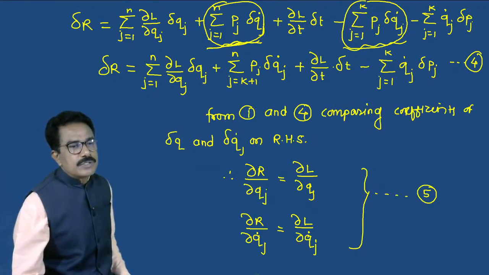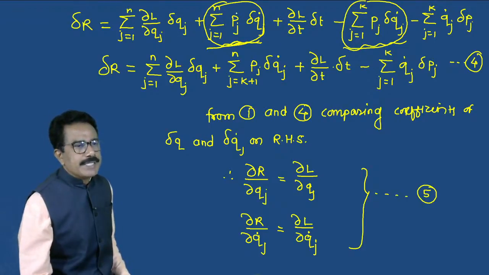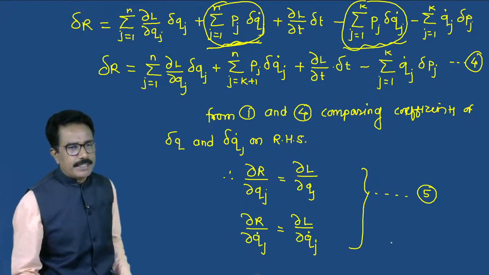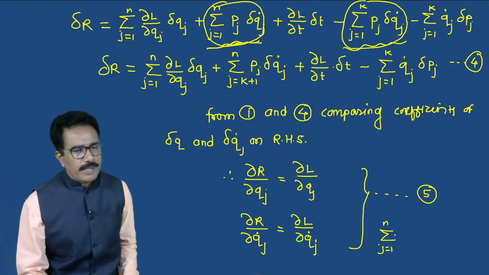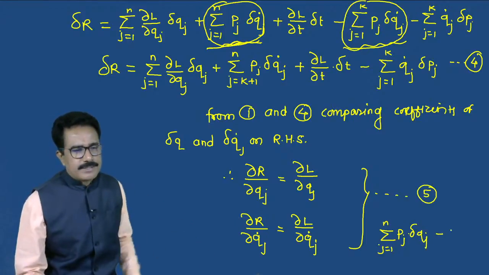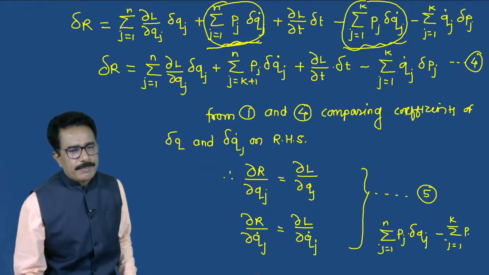The two terms are the same; do the subtraction. Let me write it here: summation j equals 1 to n pj into delta qj dot, minus summation j equals 1 to k pj into delta qj dot.